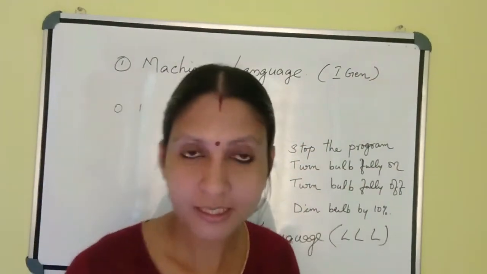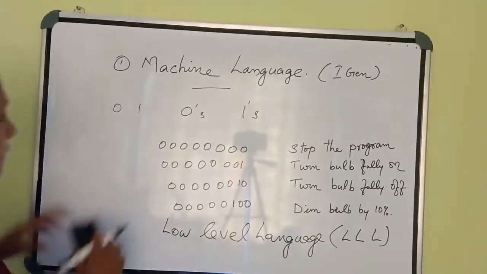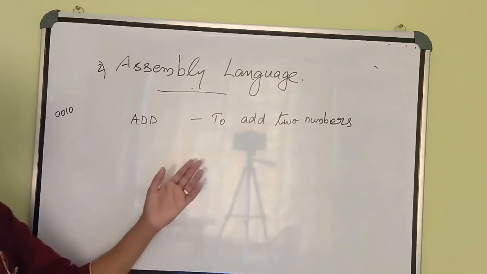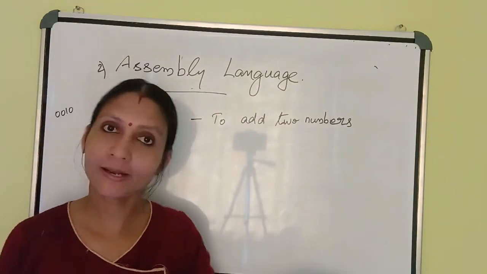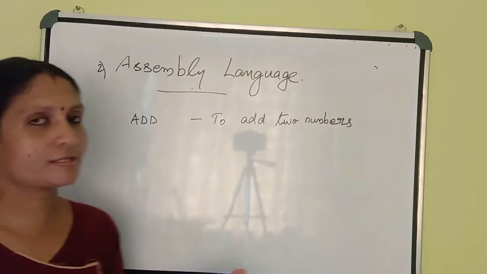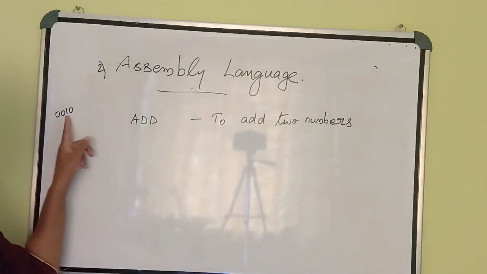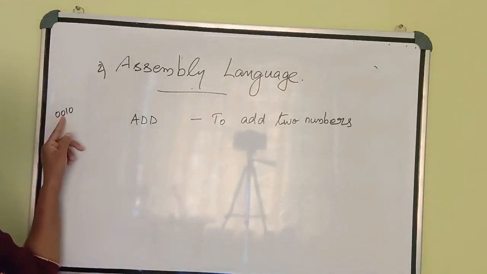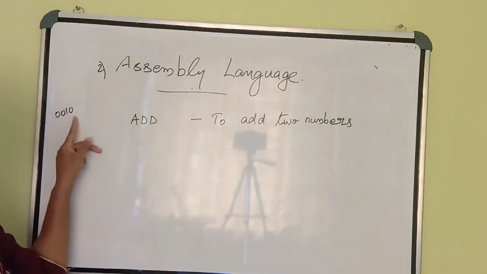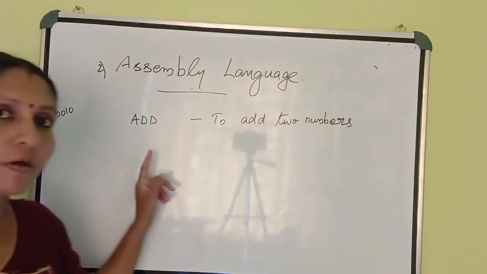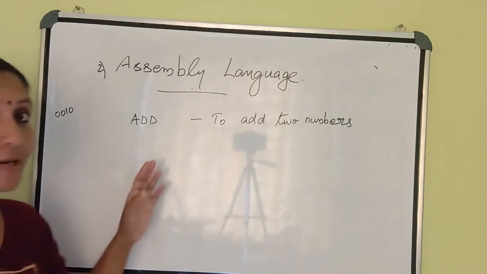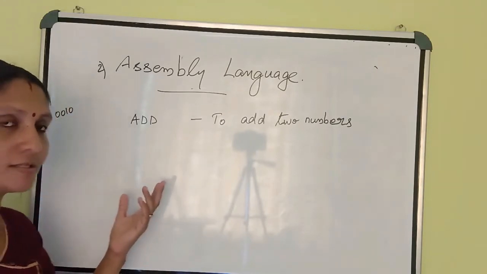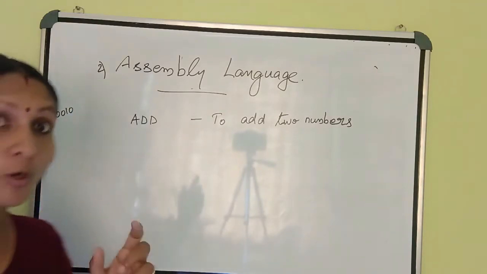Then shall we check the next type? The second type is assembly language. This is also in the category of low level language. And one difference is there. In machine language we are using zeros and ones. That means if you want to add two numbers we are using 0, 0, 1, 0. But in the case of assembly language we are using some letters also. Instead of zeros and ones we are using some mnemonic codes.